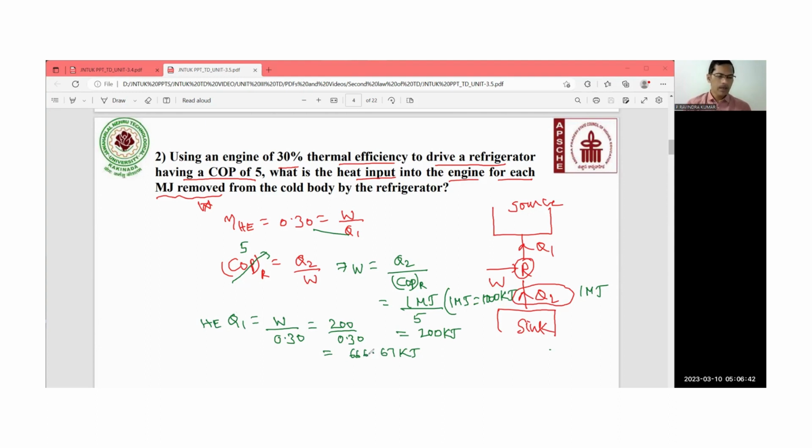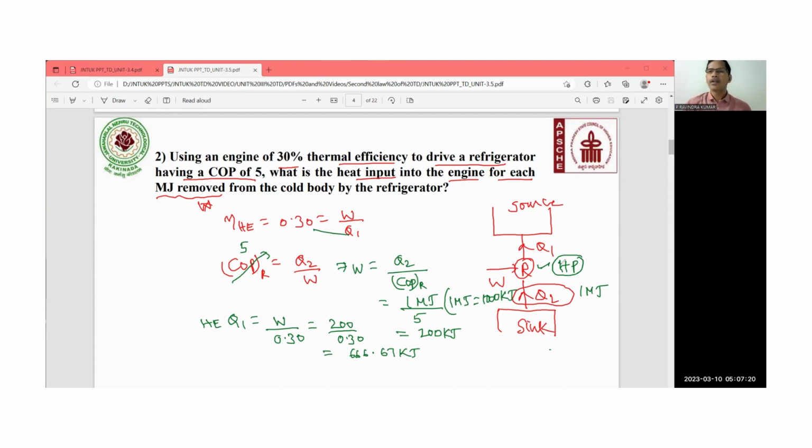But sometimes, I will discuss simply here, the refrigerator is okay. That means this particular solution is okay. But sometimes if this system is used as a heat pump, how many megajoules of heat would be available for heating for each megajoule of heat input to the engine?